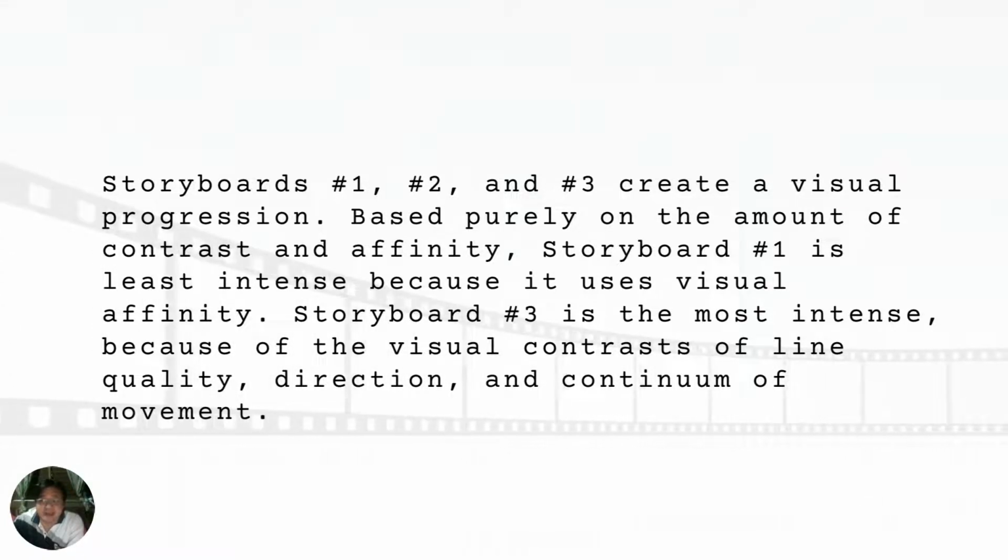Now, continuum of movement is planned and created by the director and the cinematographer, but ultimately comes under control by the editor, obviously. The editor's continuum control will be limited to the shots produced during the production, but the editor who understands continuum of movement has an additional tool to manipulate the intensity of scenes and sequences.